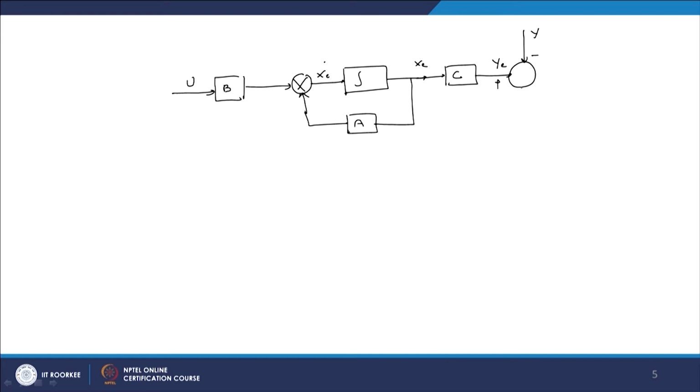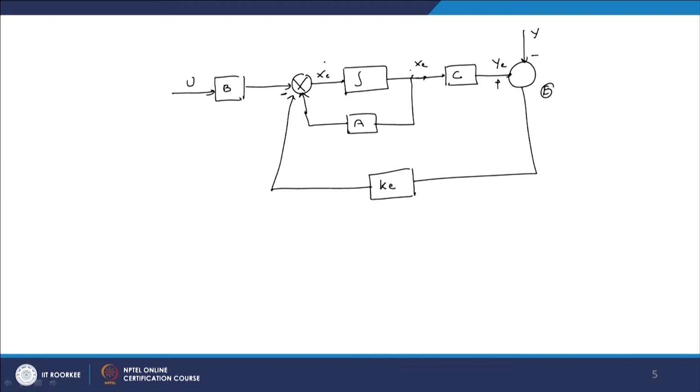Therefore we are adding another controller matrix called Ke, with negative feedback. This error has to be driven through Ke, and what we want is that this error should be minimized, and this minimization is possible because of this Ke and this particular state xc.